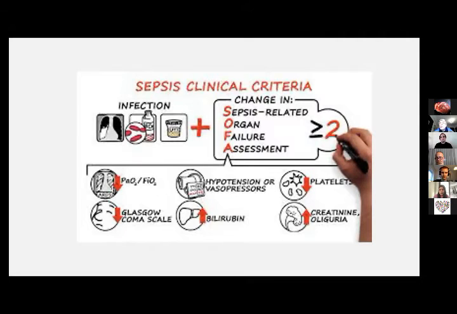Clearly, a patient presenting with sepsis has a source of infection. Now, our job is to identify where that source of infection is. The way it manifests clinically is they have something that fits into the SOFA criteria, sepsis-related organ failure.